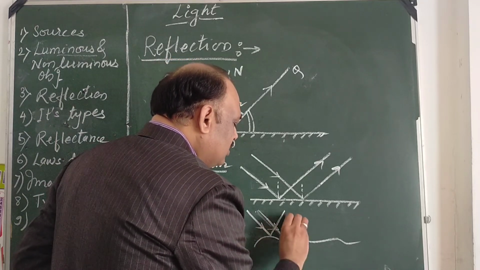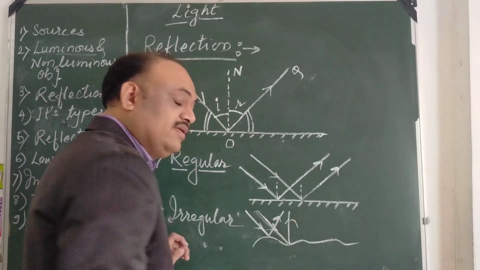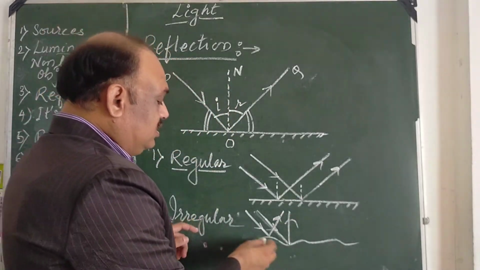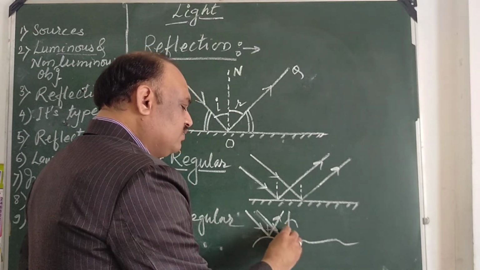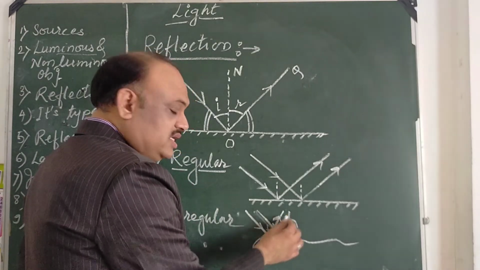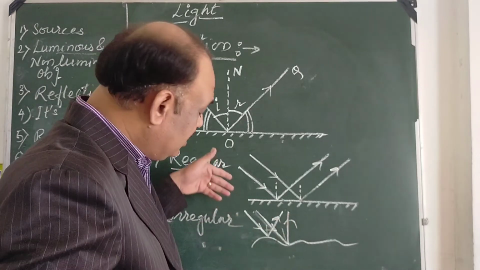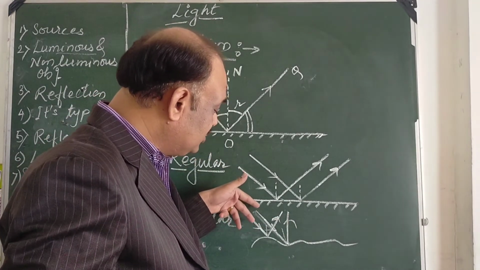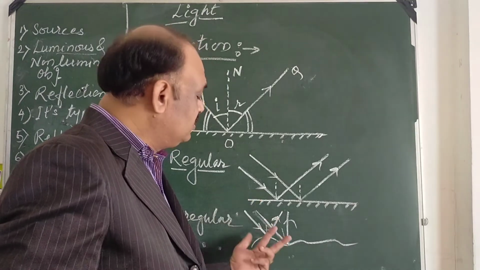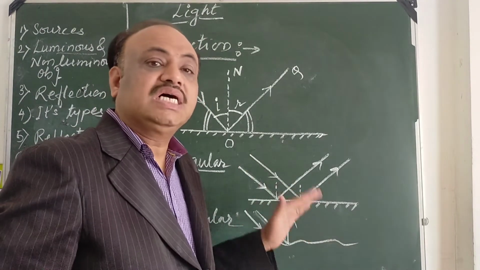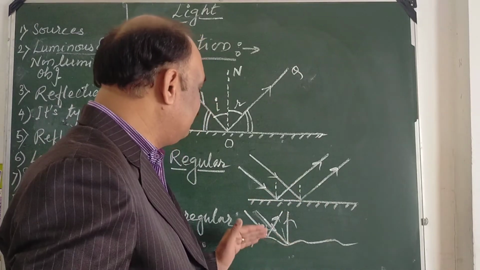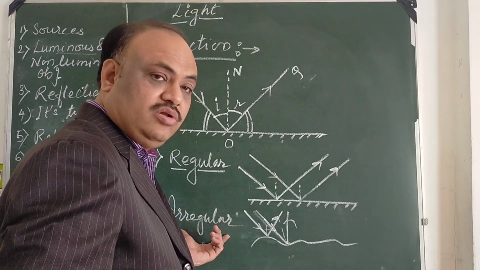Why? Because it follows the laws of reflection. Here also the laws of reflection are followed, and therefore this ray is going along this direction, and this one along this direction. So rays of light are coming parallel to each other, but the reflected rays are not parallel to each other because they are falling on an uneven surface. So this type of reflection is known as irregular reflection.